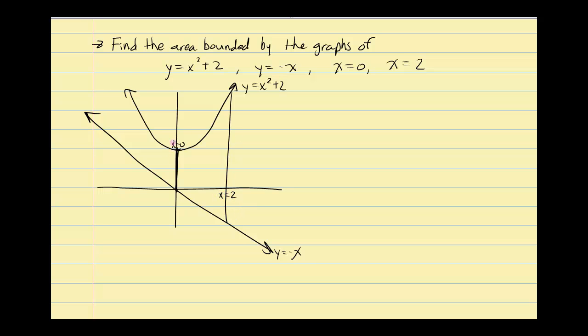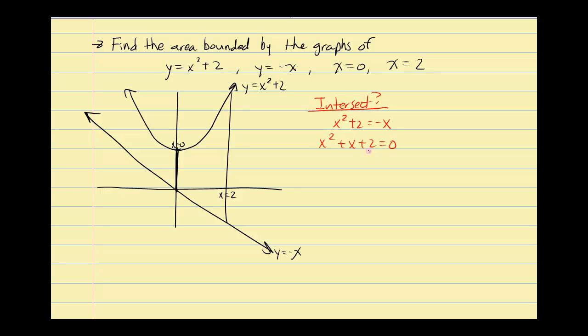Now, the graphs of x squared plus 2 and y equals negative x never intersect. But let's go ahead and double check that just to be sure, because we will have to find points of intersection for some graphs. The way we find points of intersection is we set the functions equal to each other. So we'd set x squared plus 2 equal to negative x, and add the x across.